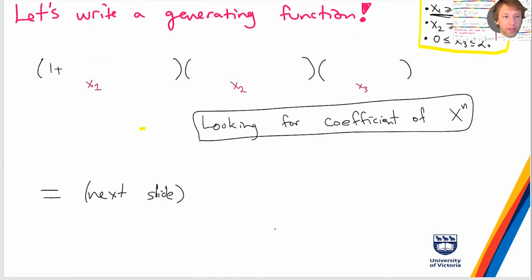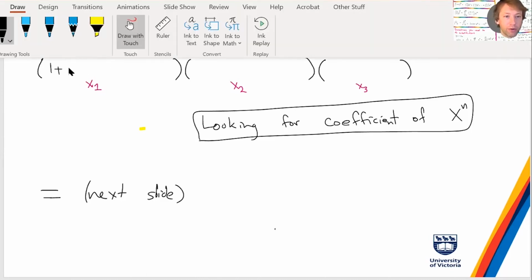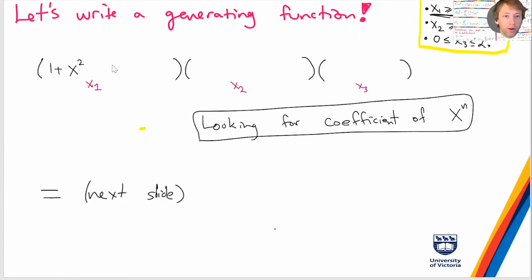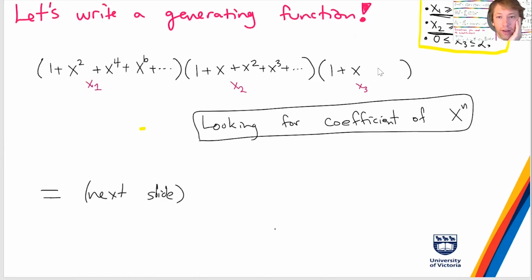So the possible exponents for x1 are 0, 2, 4, 6, etc. x2 is at least 0, which corresponds to the generating function 1 plus x plus x squared plus x cubed, and so on. x3 is between 0 and 2.